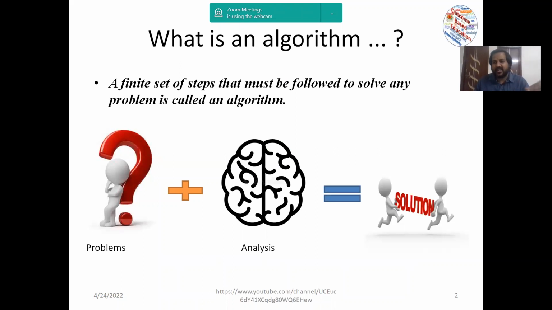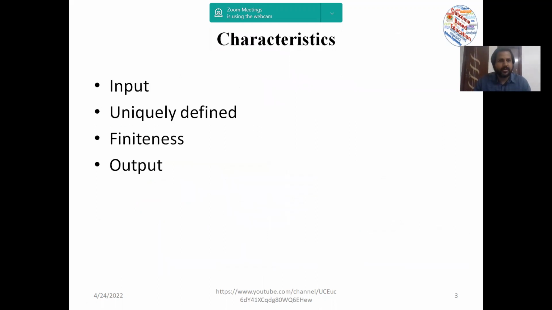It is a finite set of steps. I can show it here in a simple image: we have a problem and we can think analytically, so we can do analysis. So problems plus analysis equals solutions. We'll see how to convert these problems into solutions using a program.